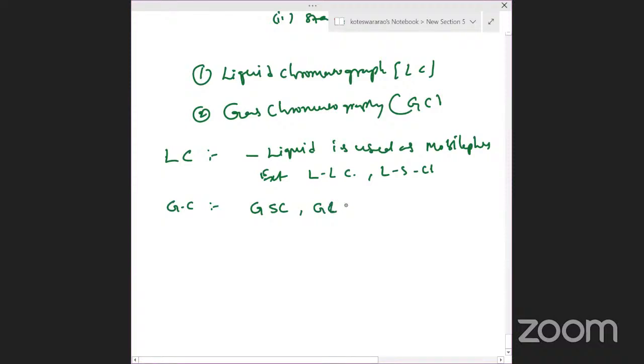Depending upon the nature of the stationary phase, whether solid or liquid, we have different combinations of methods.